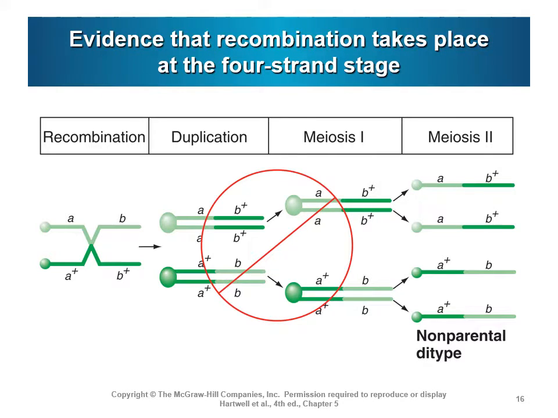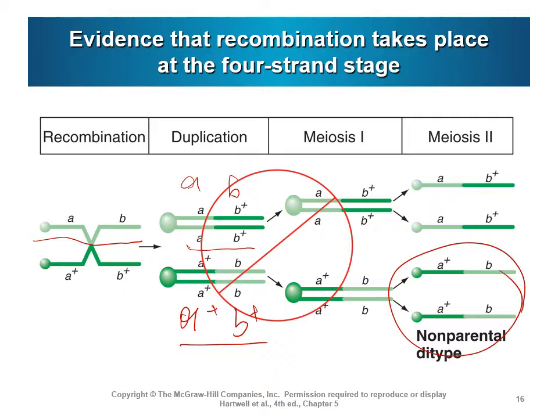So here let's look and understand if we can show that recombination takes place at the 4-strand stage. So let's say it did not take place at this stage, and then we will have AB here instead of AB plus, and same here, and also here we will have A plus B plus, which will mean that our final product will not look like this or this.